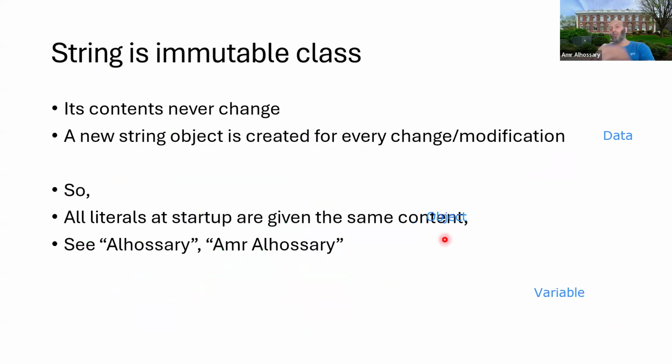Now, another piece of information about the string. A string is an immutable class. Mutation means to change, not really exact change, but modify. Something which is mutable means it can be changed.